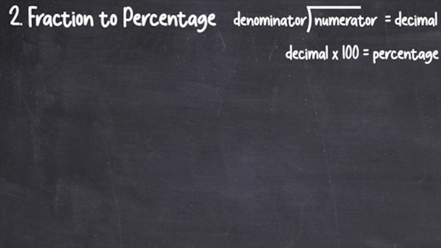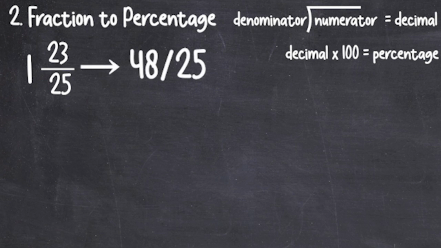Let's try a mixed fraction now. 1 and 23/25. Finding the percentage of a mixed number takes a couple extra steps. To start, we need to convert the mixed number to an improper fraction. 1 and 23/25 as an improper fraction is 48 over 25.